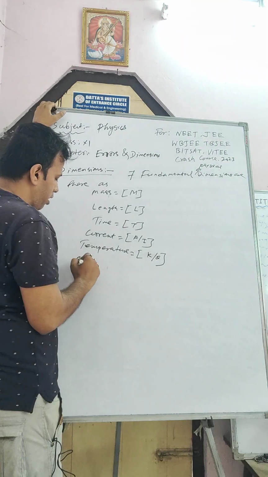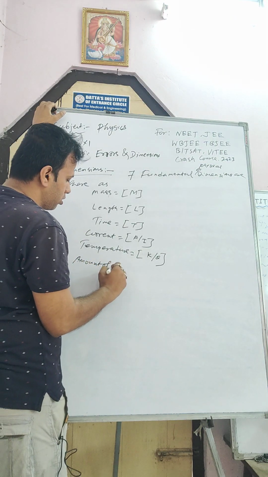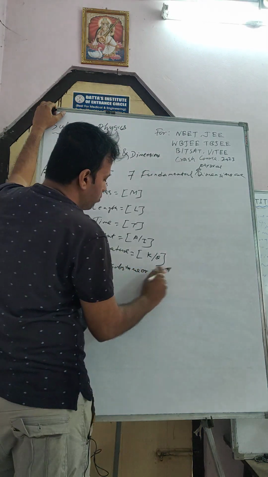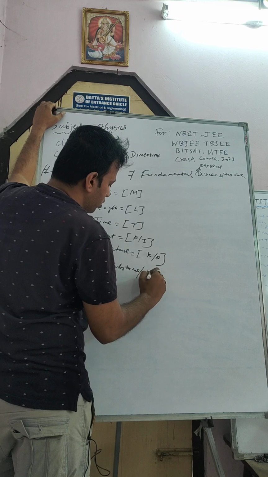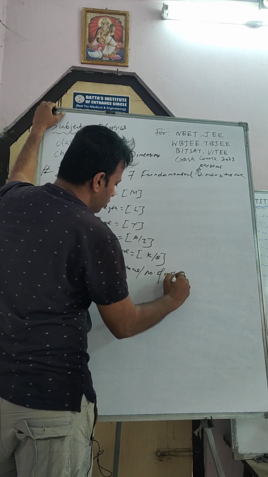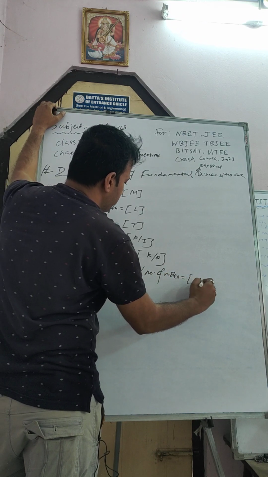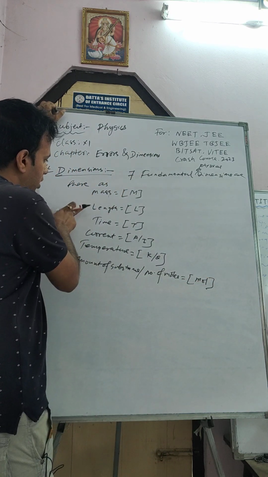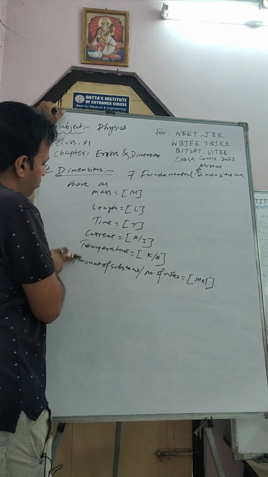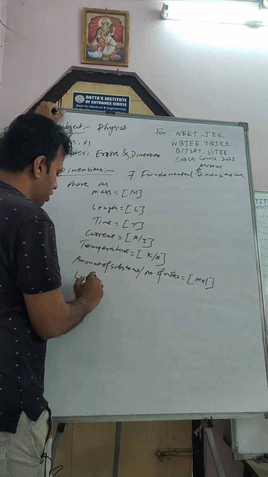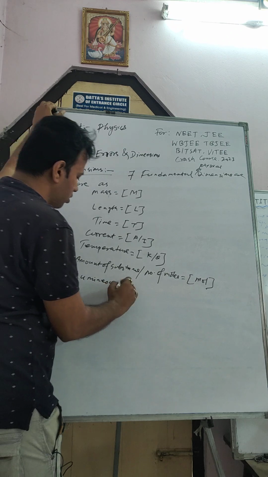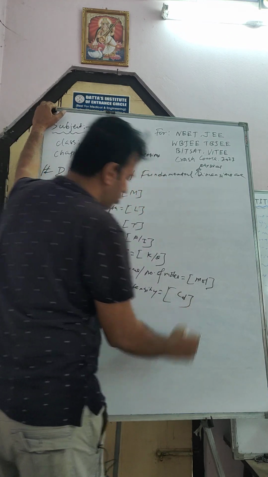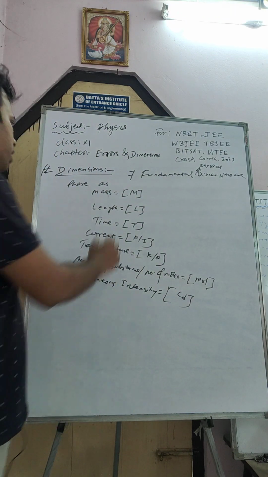Then amount of substance or number of moles is mol. So mass, length, time, current, temperature, and another is luminous intensity, that is cd. Okay, so 7 dimensions are there.